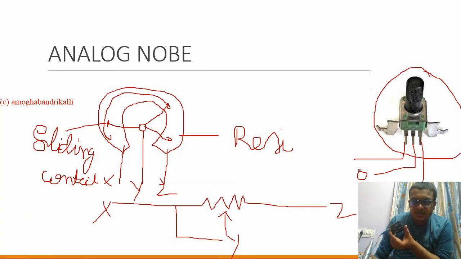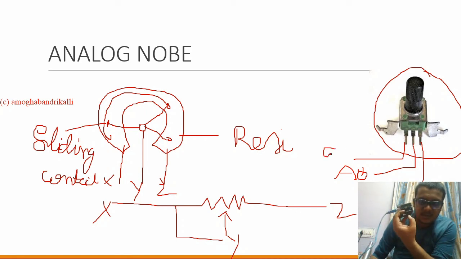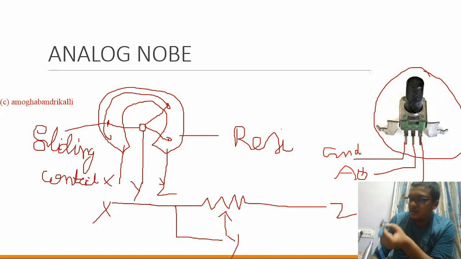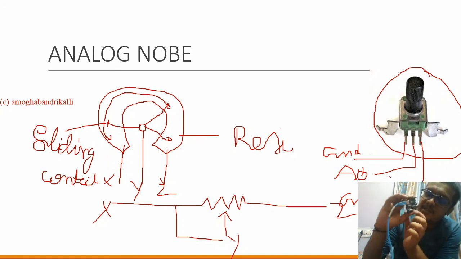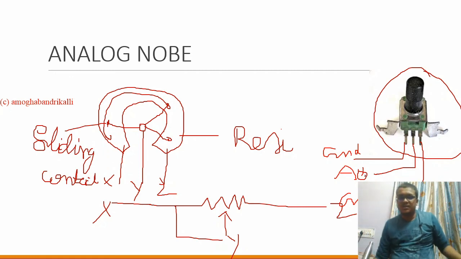This middle one should be connected to the A0 and this one should be connected to the ground here, this ground, and you have another common ground here. So the first one, A0, is here, and the first pin of the knob should be connected to this ground, and you can use another ground here. This is how the connection is going to happen.